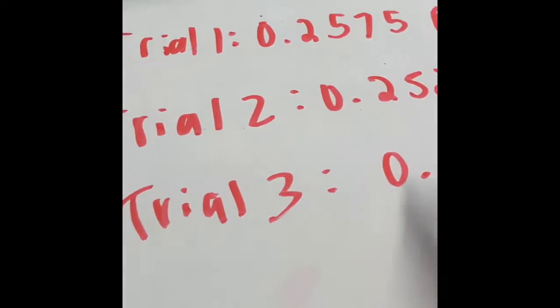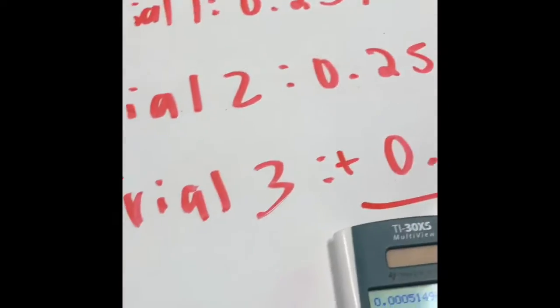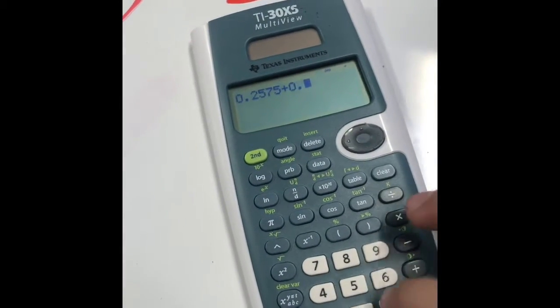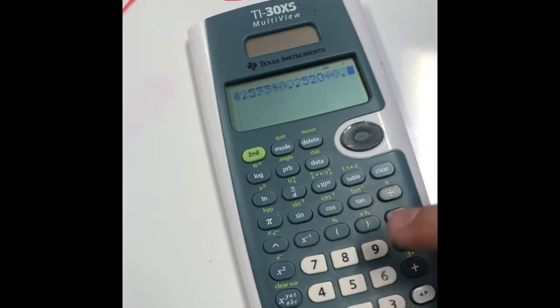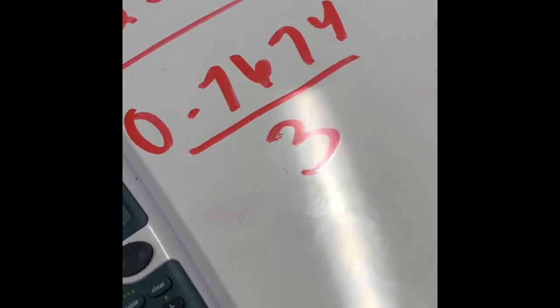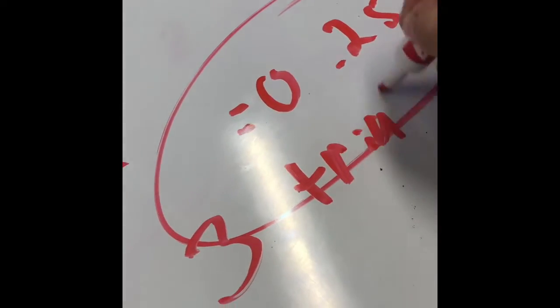So we're just going to add them all up, and we get 0.674. So then we divide by 3 to get the average. You add them all and then divide by the number of numbers. And we get 0.2558. So that is the average molarity for 3 trials in the experiment.